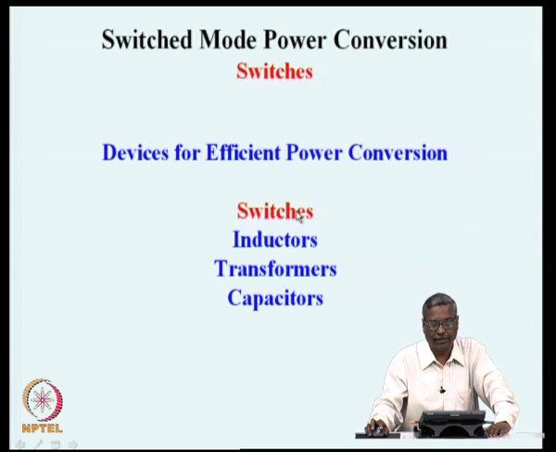Switches do not dissipate energy because when they are on, the voltage across them is 0, and when they are off, the current through the switches is 0.